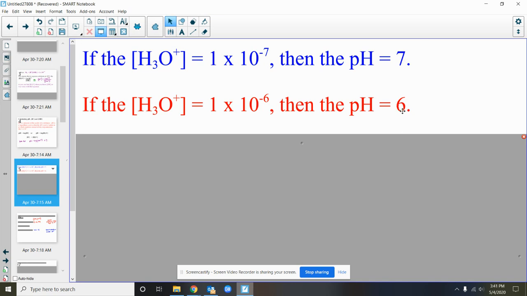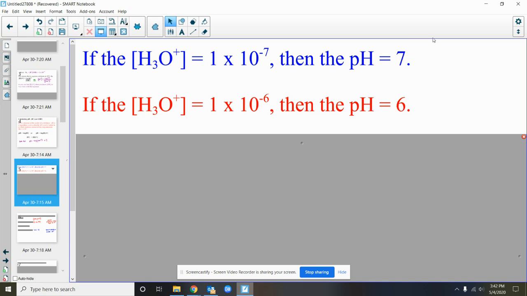Okay, so what if I had a pH of 5? 5 would be 10 times more acidic than 6. It would be 100 times more acidic than 7. So it is a log scale. Even though this number is 10 times different, on the log scale they're going to drop by 1, but it's 10 times stronger every time you move down. So the lower your number, the stronger your acid.